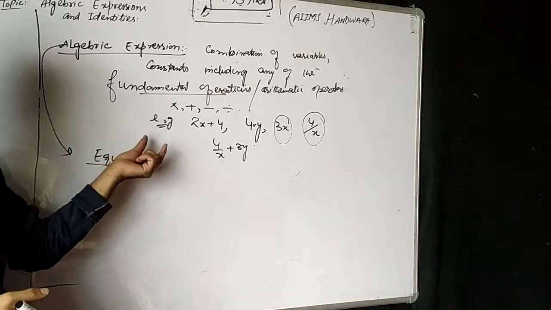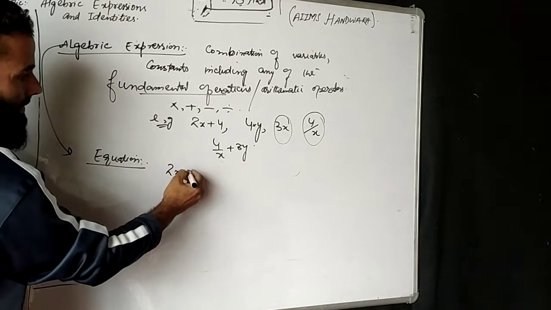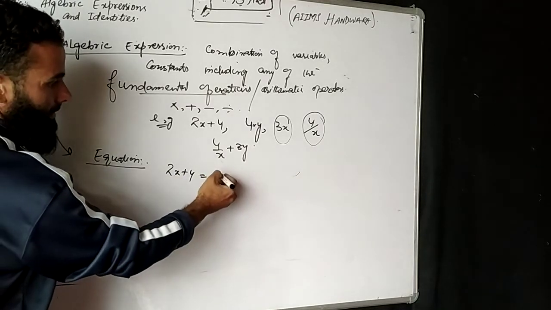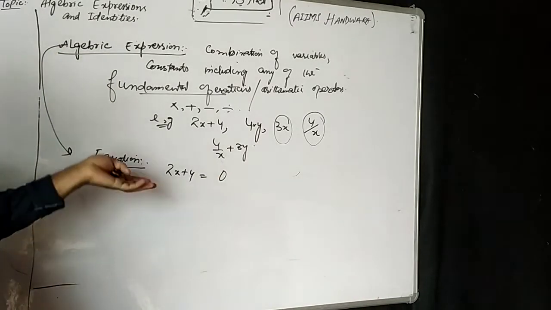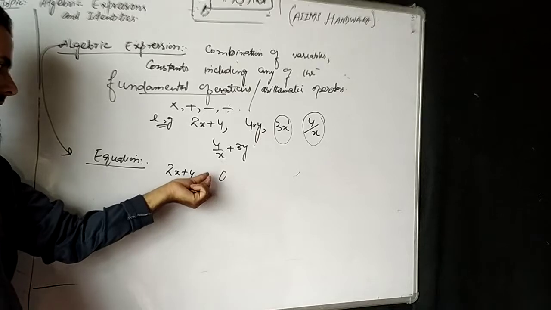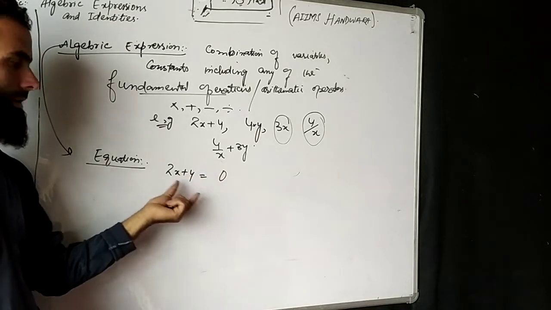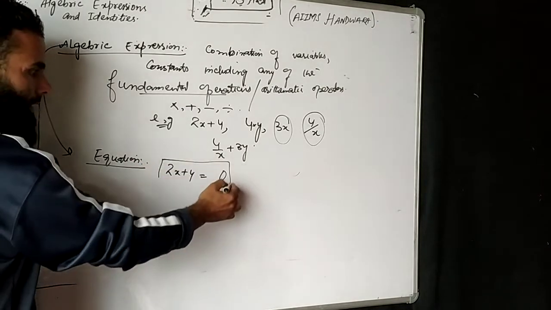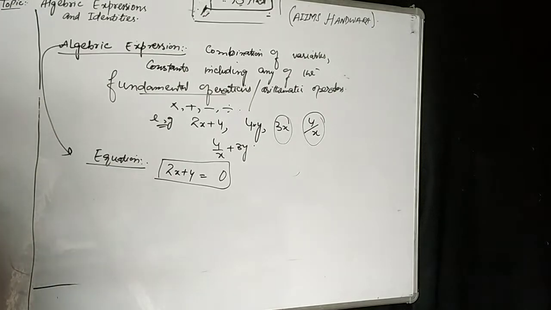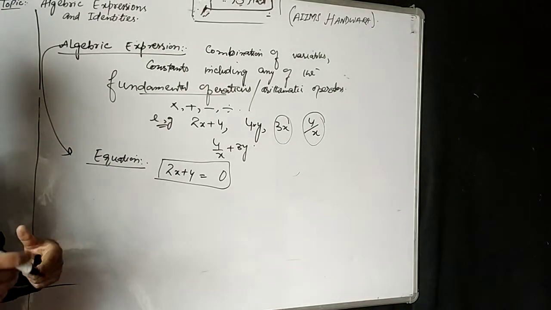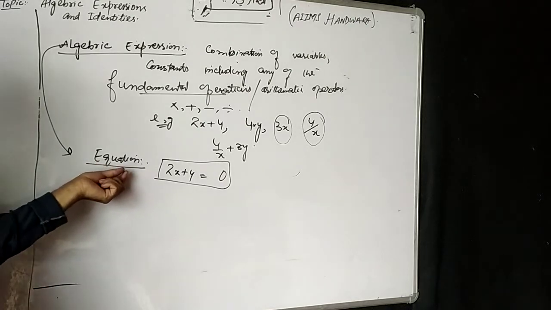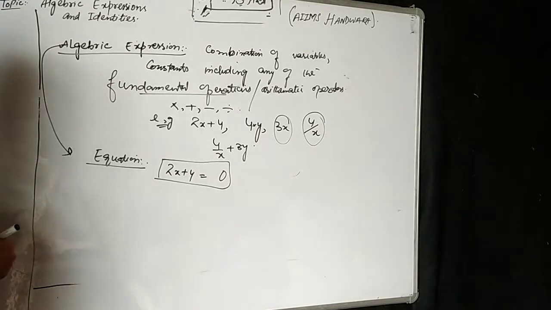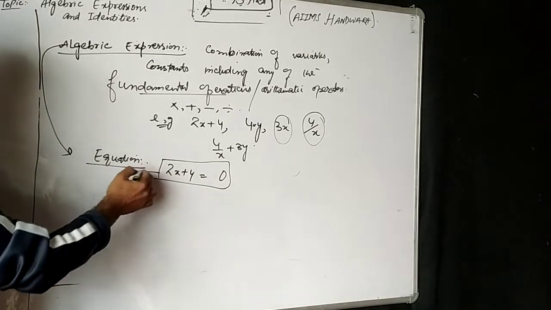Whenever we put an equality sign in an expression, suppose 2x plus 4 is an expression, and we equate it to any other statement, suppose 0 or anything else, this equality introduced in the expression makes it an equation. So this is called an equation. An equation is an algebraic expression including the sign of equality. Or another definition: in an equation, two mathematical statements are equated to each other. So this is an equation. Now, what's an identity?